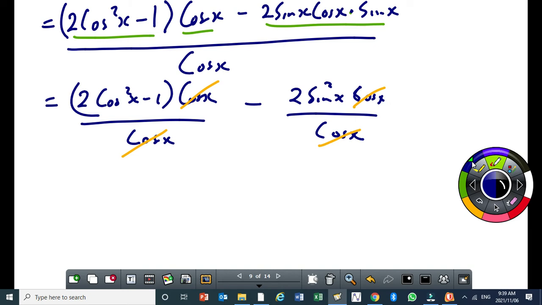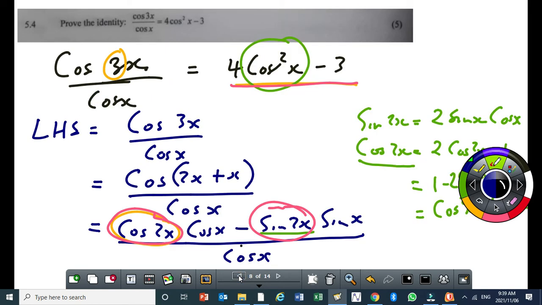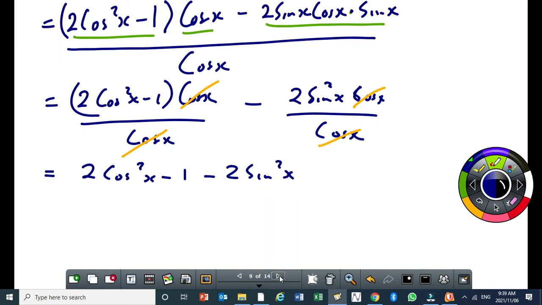Okay? Then, if I remove brackets there, I'll have 2 cos squared x minus 1 minus 2 sine squared x. Do we have sine on the right hand side there? No. So how do you eliminate it? Use the grade 11 fundamental identity.